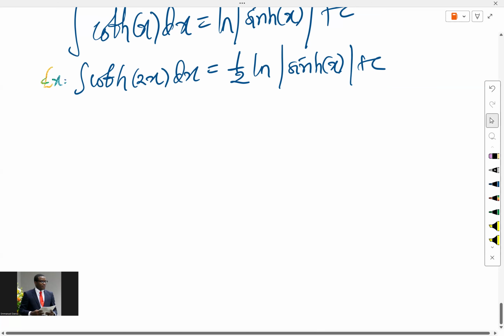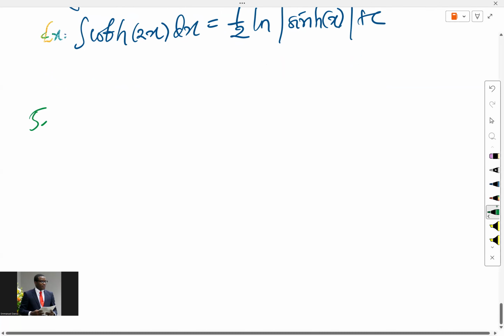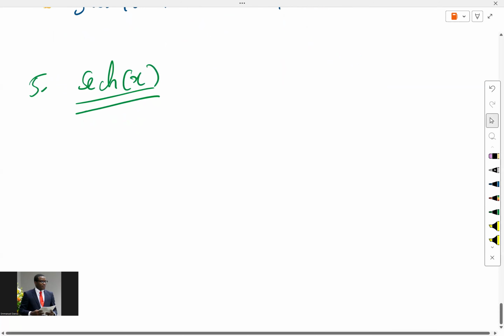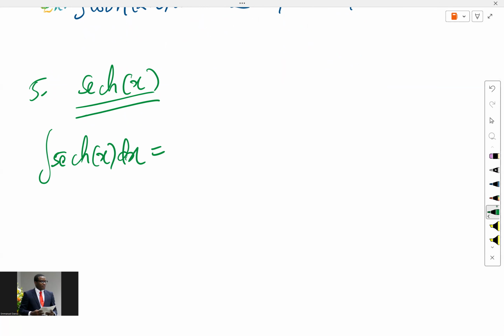And that goes. Then number 5 now. Number 5, you want to integrate sec x. So that's the integral of sec x dx. In this case, what do you differentiate to get sec? I think that's key here.